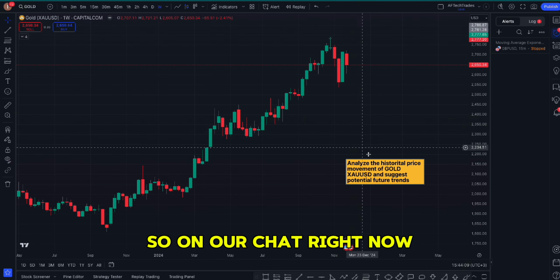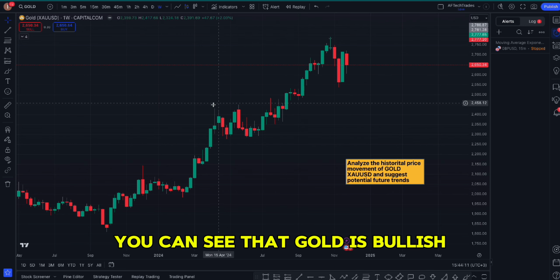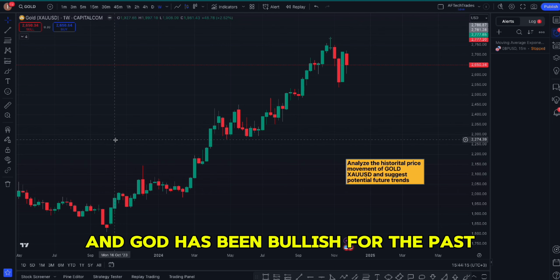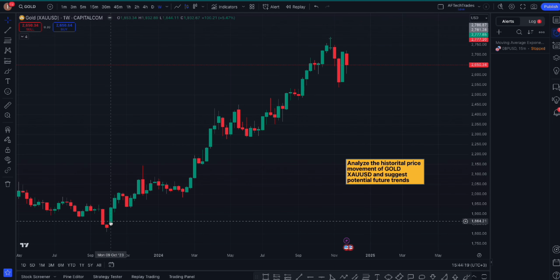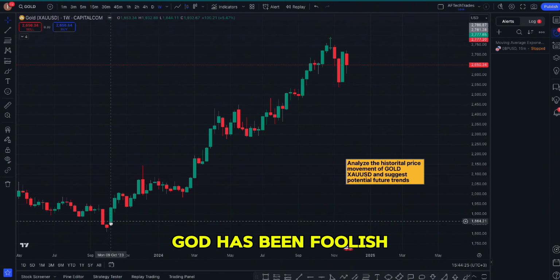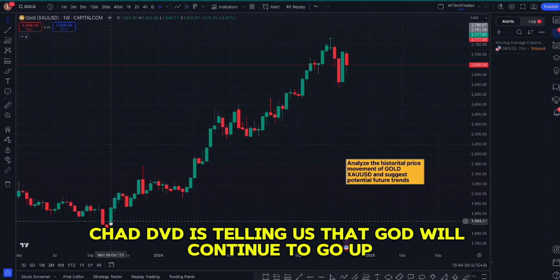So on our chart right now, you can see that gold is bullish, and this is weekly time frame, and gold has been bullish since October, for more than 1 year. Gold has been bullish, you see. So now ChatGPT is telling us that gold will continue to go up.